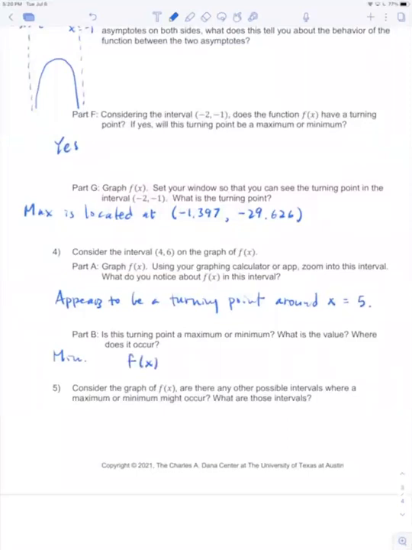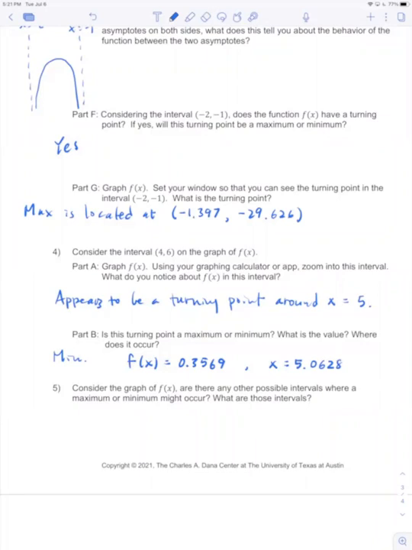The output seems to be about 0.3569 when x is equal to a little bit more than 5. I have 5 in the previous part A, but it would be a little bit more accurate here. So there's the x and y value we just copied off of that minimum from the graph.